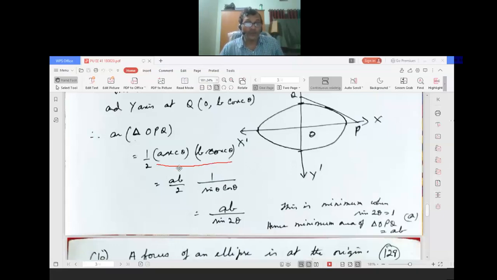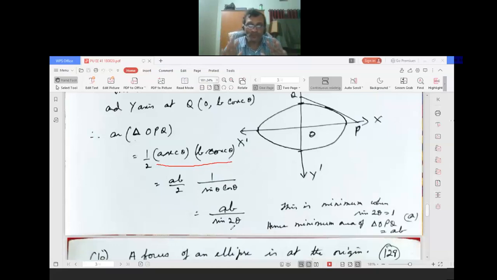So this will be AB by 2. Secant theta is 1 by cos theta. Cosecant theta is 1 by sin theta. So AB over 2 sin theta cos theta, that is sin 2 theta.